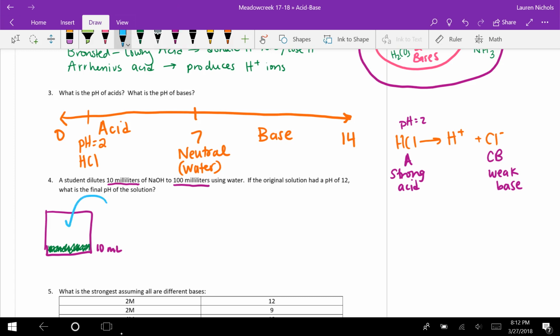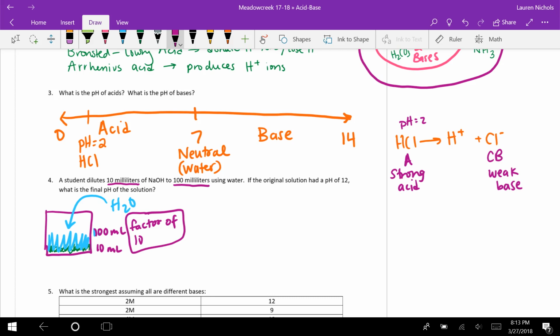What happens is we add water to it, and it goes up to 100 milliliters, okay? Now, if you were to take 100 and divide it by 10, you would get 10, right? So we call this a factor of 10 because you have to multiply it by 10 to get to 100, or divide by 10 to go from 100 to 10, right? So we're changing by a factor of 10.